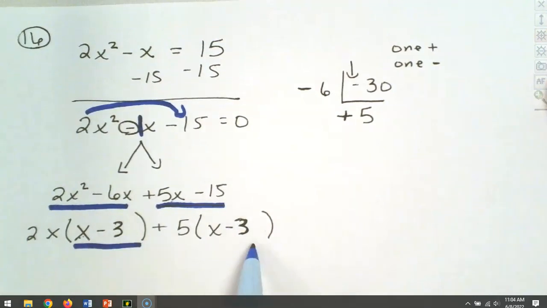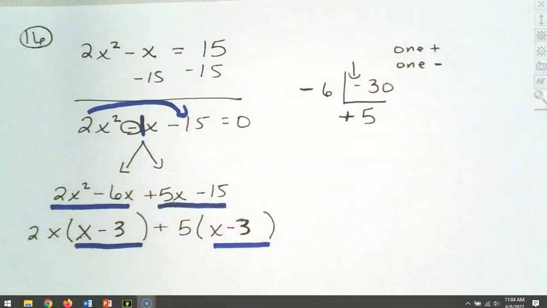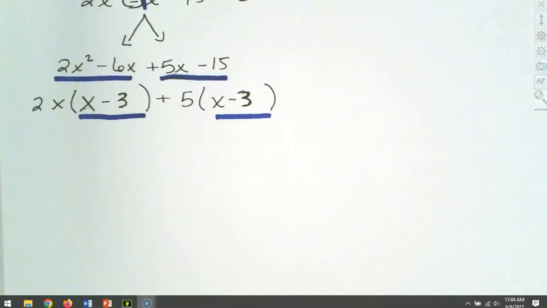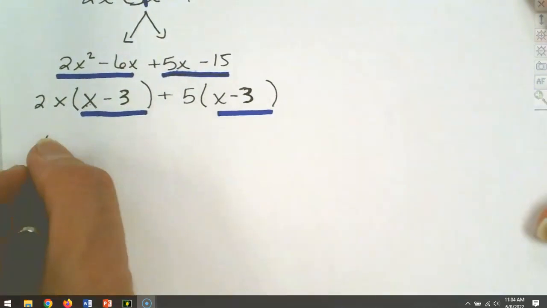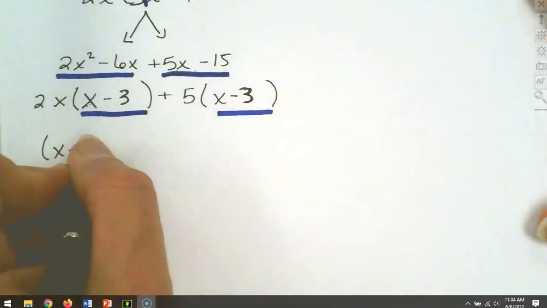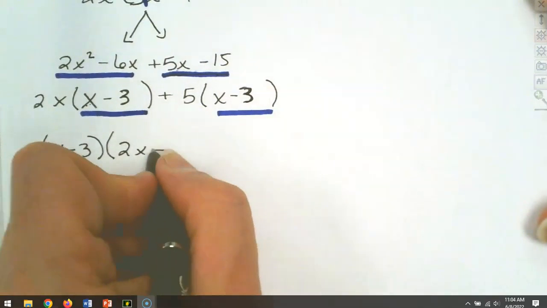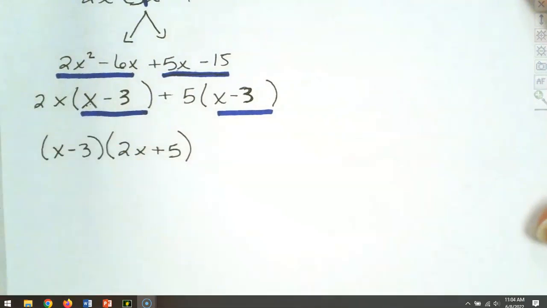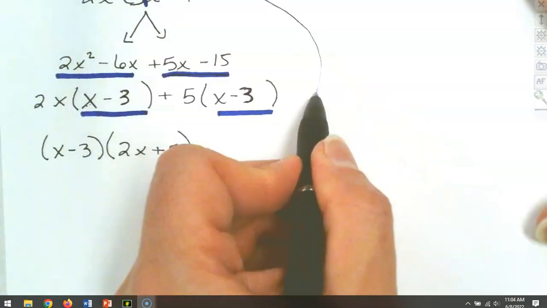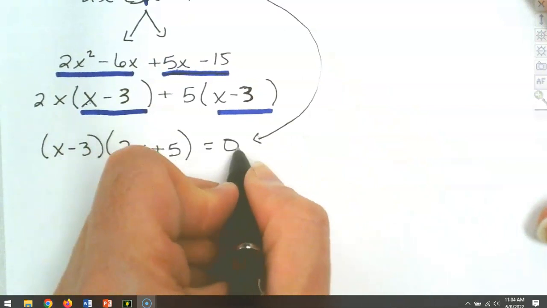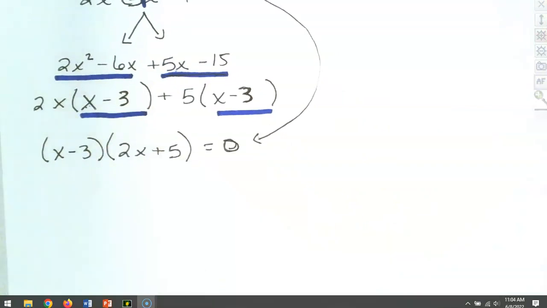Yes. If they are not the same, then you made a mistake. So you automatically know if those are different, you made a mistake. So now we put our x minus 3 out in front. And we have a 2x plus 5 there. And what does it still have to equal? It still, remember, equals 0.